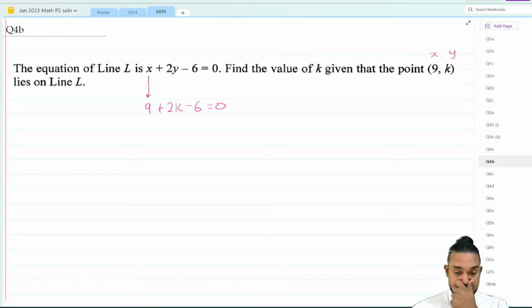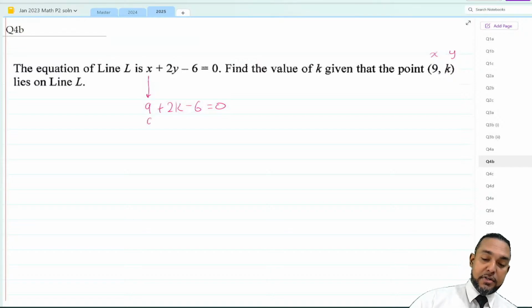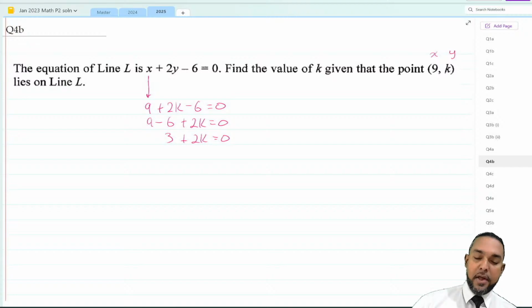Now, to solve for the value of k, all we have to do is rearrange, simplify, and solve. So rearrange that. 9 minus 6 is 3. And to solve for k, if you want, you could rearrange like this.